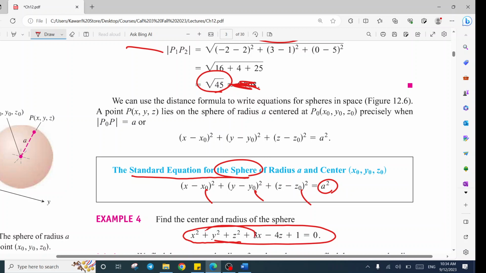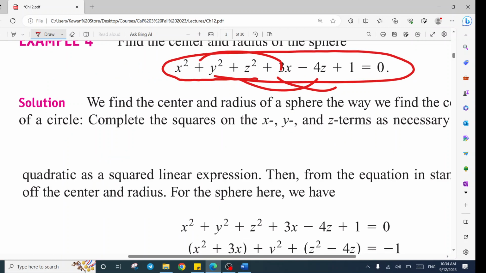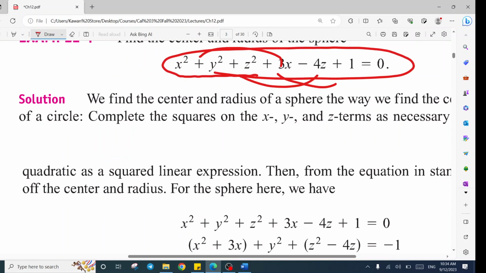So I'm going to take X to X, Y to Y, Z to Z. So where's the center? Give me the center point.